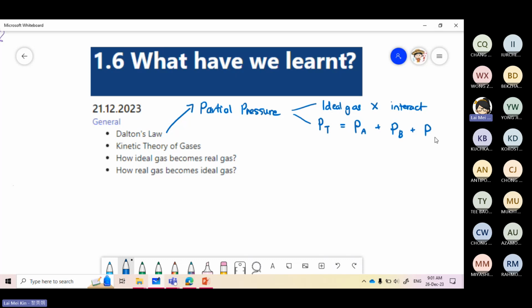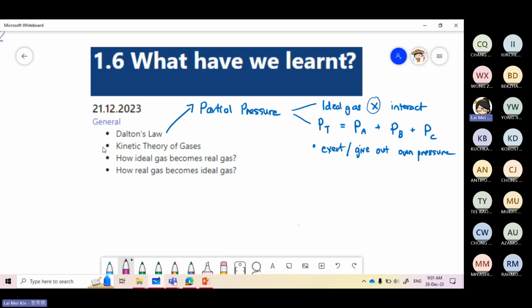So in other words, I can also say that, number one, ideal gases don't interact with one another. And number two, they exert, exert means they give out, their own pressure regardless of other gases. That is why total pressure is the addition of all the individual pressures.